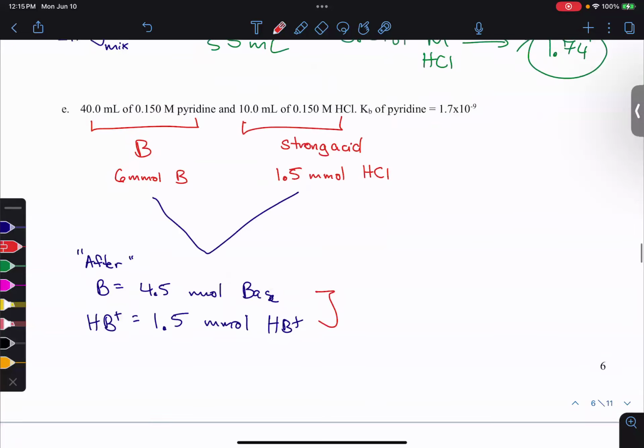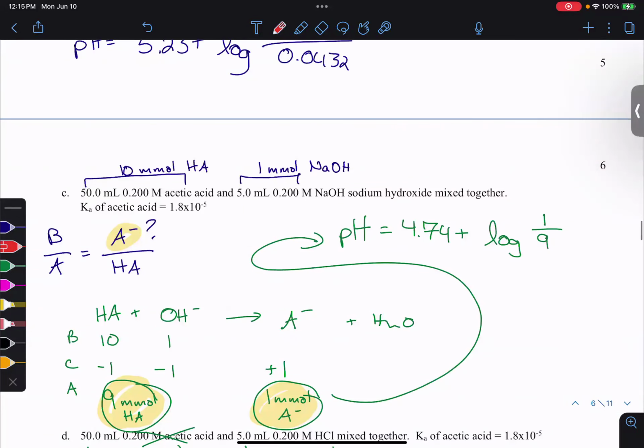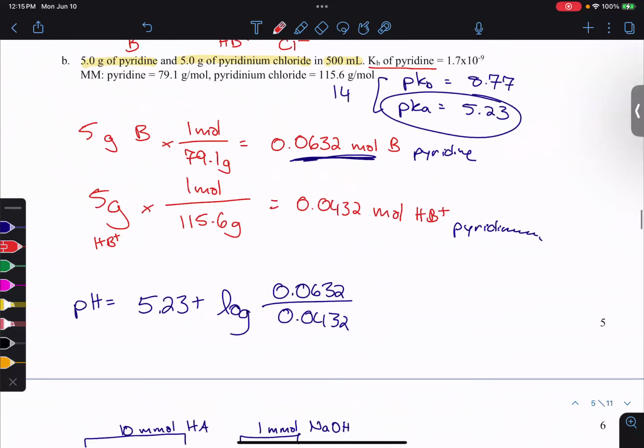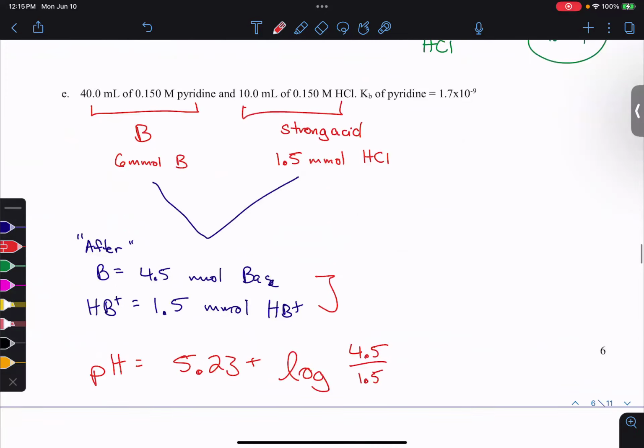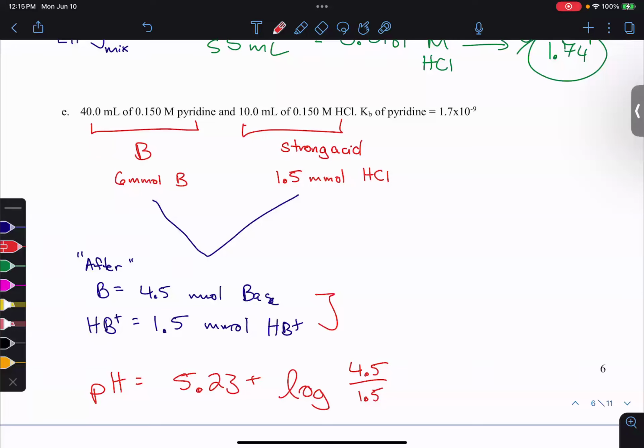Did we already get the pKa of pyridine before? Yeah, 5.23. So the pH is equal to 5.23 plus log base over acid, so 4.5 over 1.5. But 50% of your classmates will just put 6 over 1.5. You can't do that. A reaction happens first, and then you get your answer.